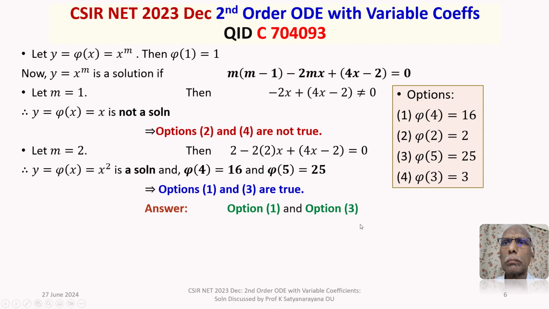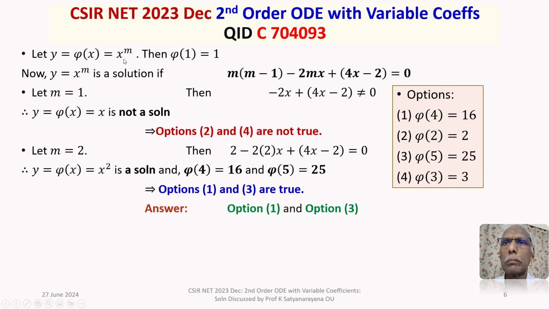And in this question we have made an observation of the given differential equation, and we have observed the options, and we have made a kind of guesswork that y is equal to x to the power of m can be a solution.